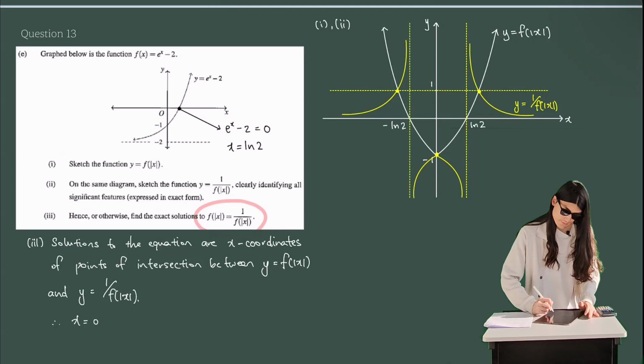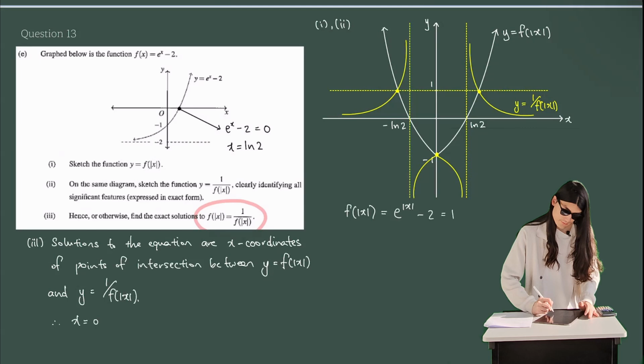So what you can do is you can then put one of your graphs, and for the sake of simplicity, I'll pick this one, which has the equation e to the power of absolute value of x minus 2.